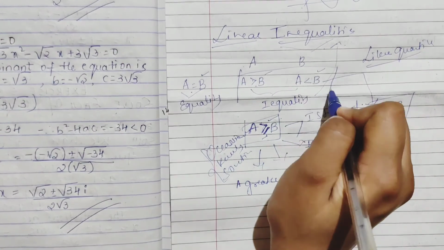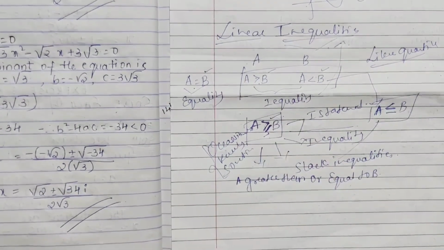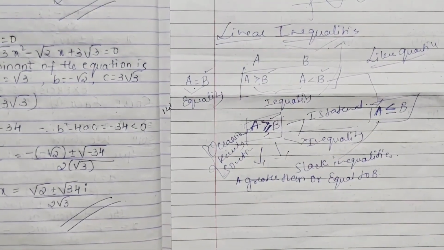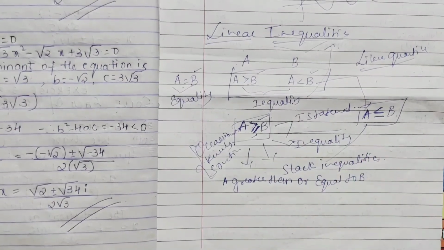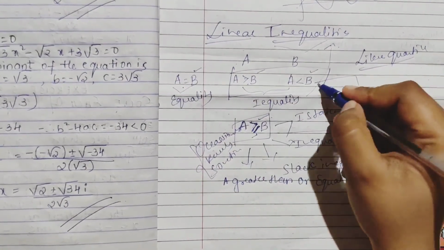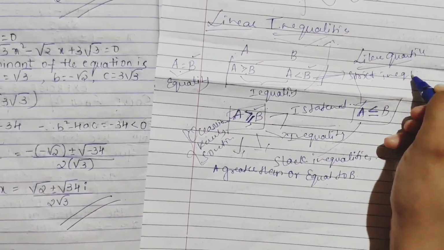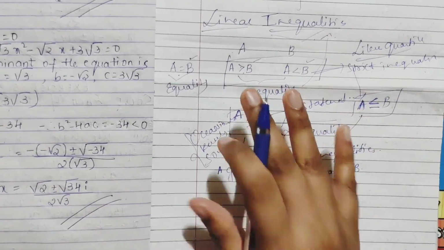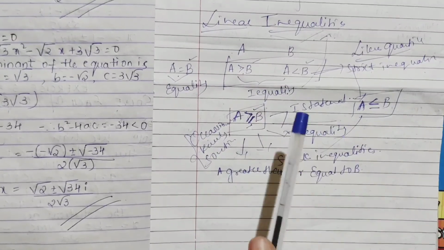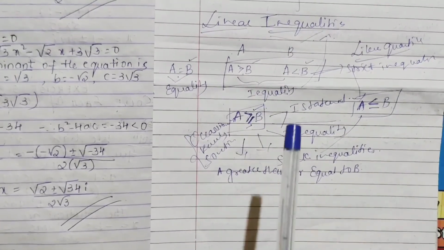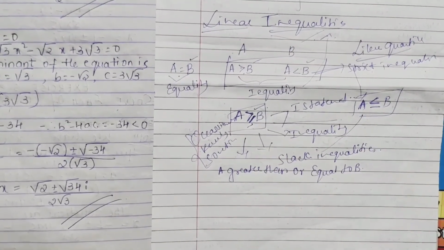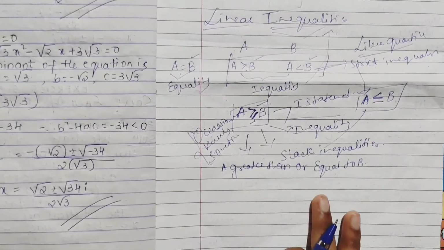And if they are strict with you, stressing and telling it is greater than, it is less than, these are called strict inequalities, where it will be strictly greater than or strictly less than. But when greater than or equal to, or less than or equal to is given, they are called slack inequalities.